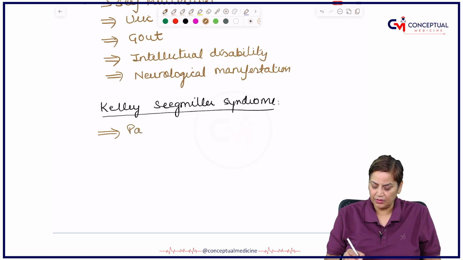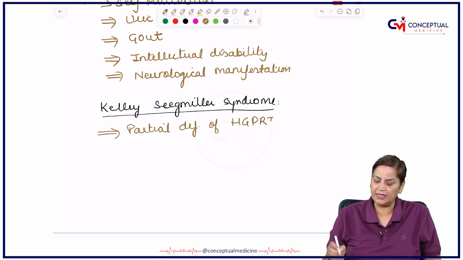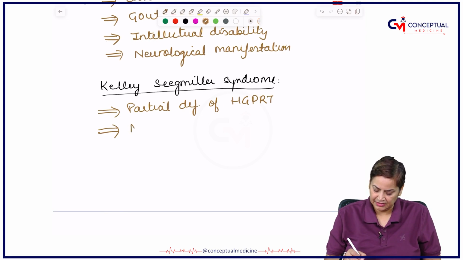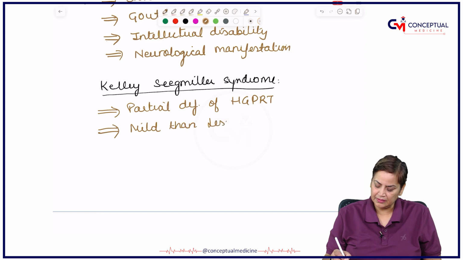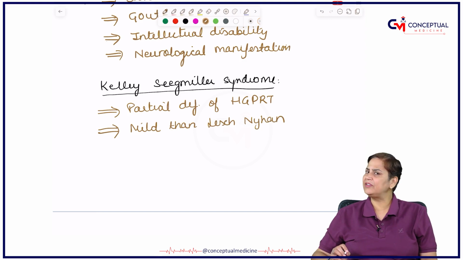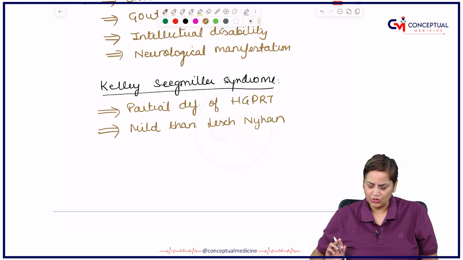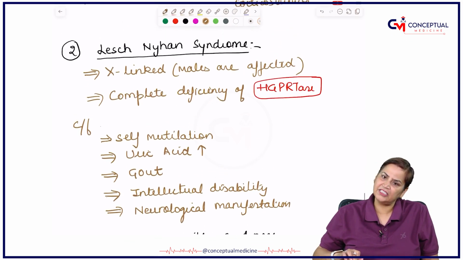Same features, but it is milder than Lesch-Nyhan syndrome. Neurological manifestations are not seen. It is a very mild syndrome. So this is the partial deficiency syndrome, and that is Lesch-Nyhan.